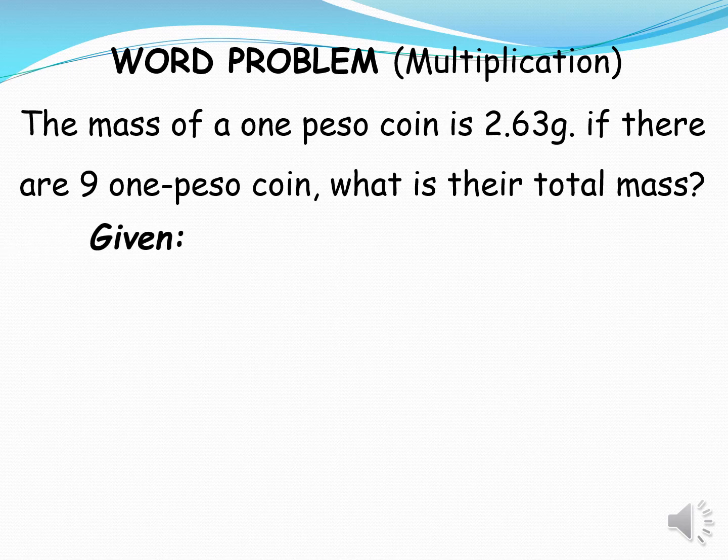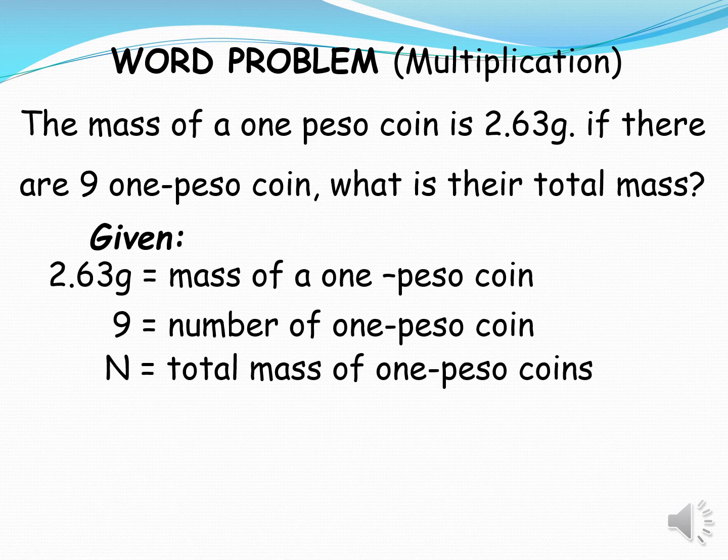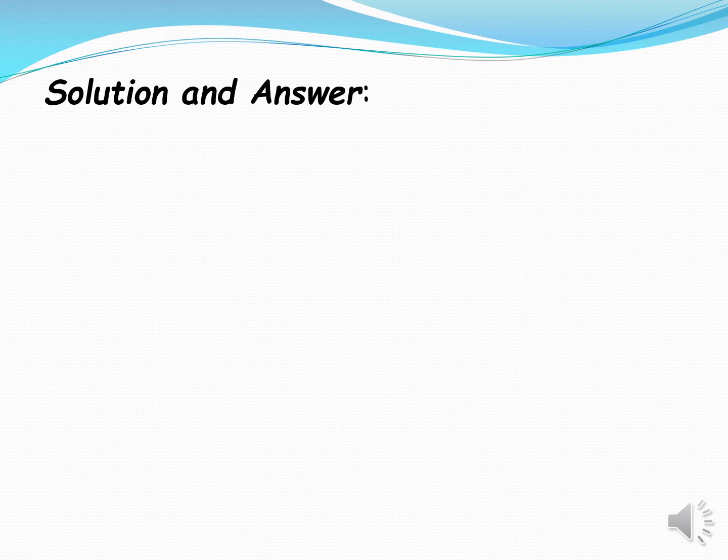First, we have our given: 2 and 63 hundredths grams, mass of 1 peso coin; 9, number of 1 peso coins; and n is the total mass of the 1 peso coins. Number sentence: 2 and 63 hundredths grams times 9 equals n. Now, let us set our solution and answer.